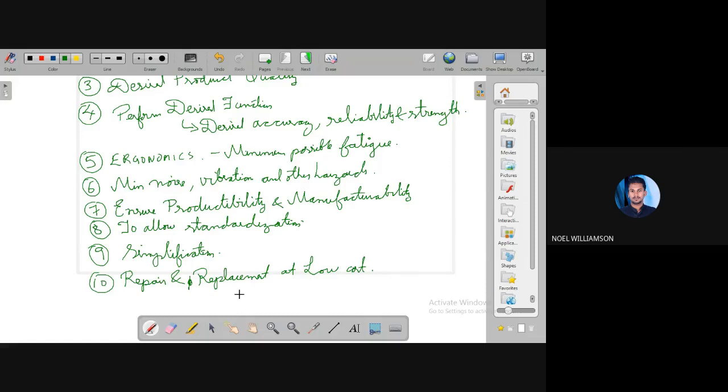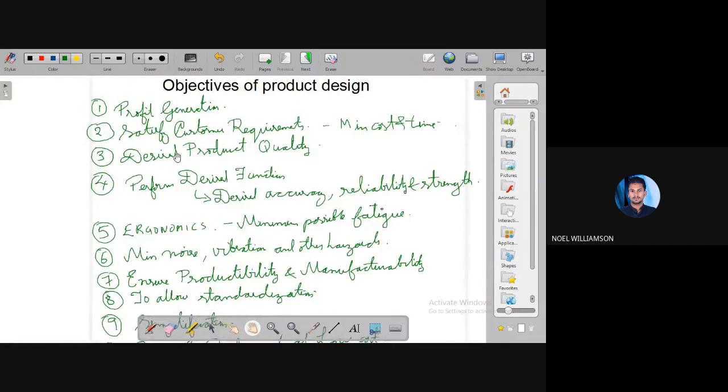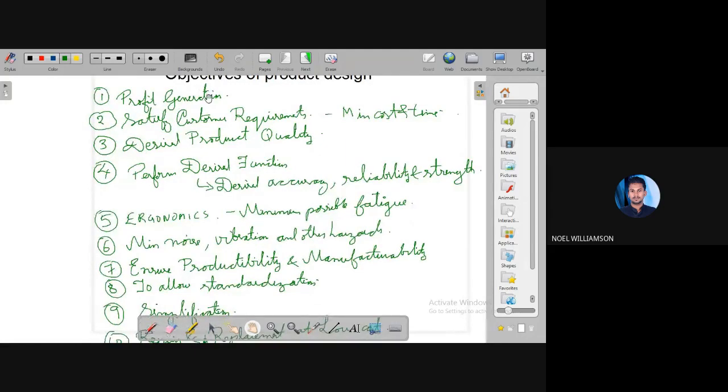So these are the objectives of a product design. So for what the product is actually designed, the first one is profit generation. Second one, satisfy the customer requirements at minimum cost and time. Then third is to achieve the desired product quality. Fourth one, it should perform its desired function with desired accuracy, reliability and strength. And fifth one is regarding the ergonomics. It should be used easily with minimum possible fatigue.